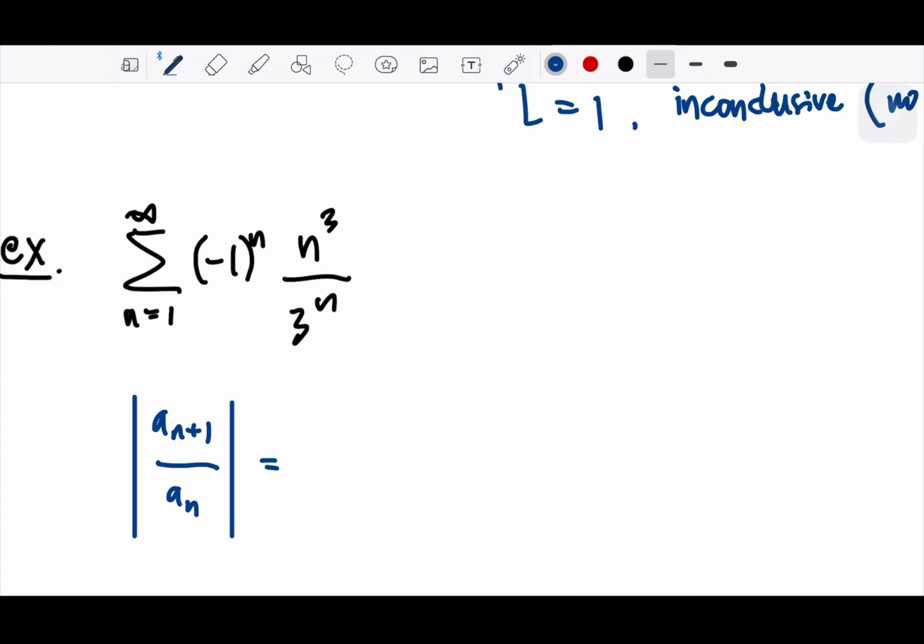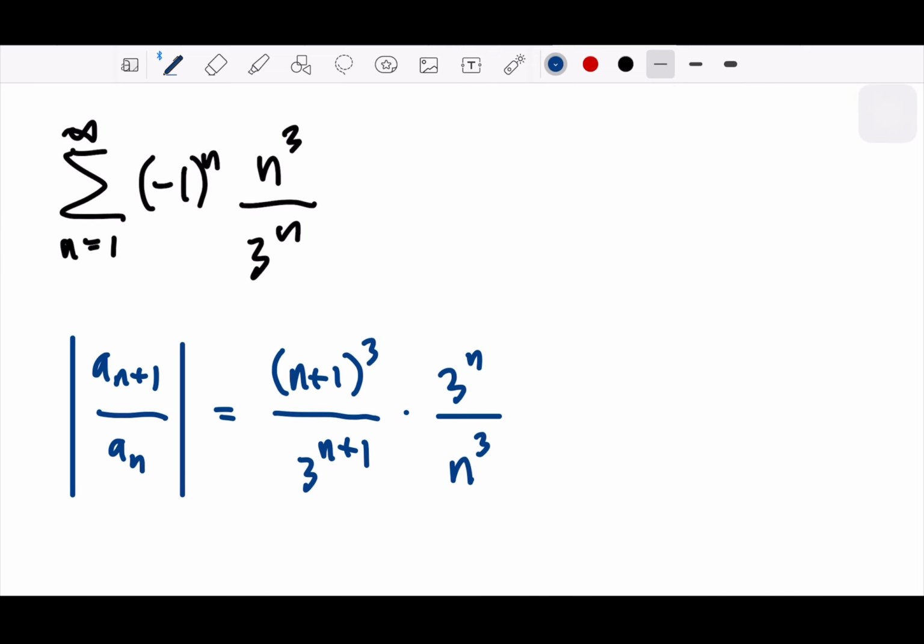We are focused only on the (n+1) cubed, divided by a_n. This will be 3 with power of n and n cubed. And now you'll see clearly that we can cancel this 3 with power of n, and it's left with 3.